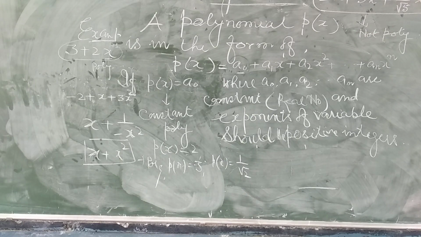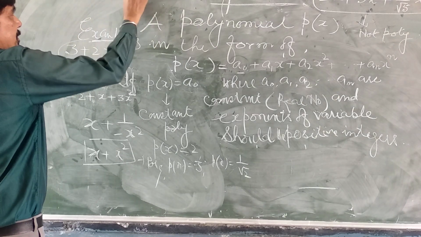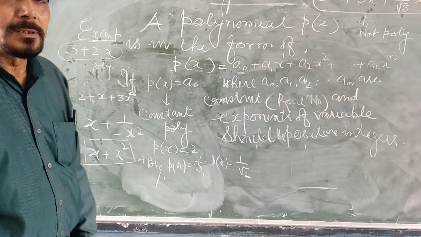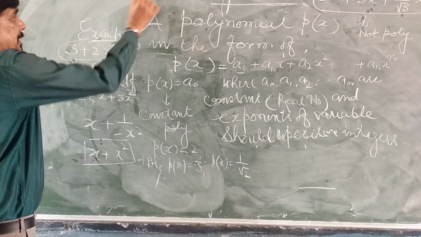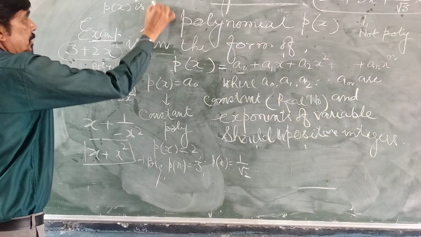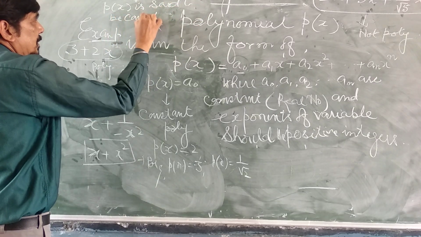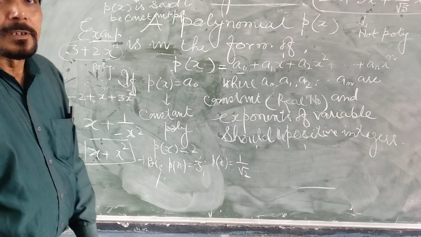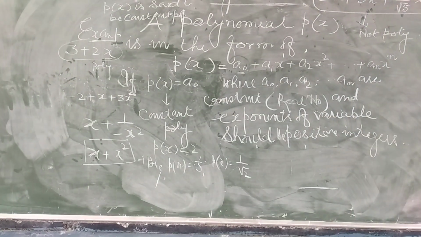Now, second, if a polynomial has only one term which is a real number, then the polynomial is said to be a constant polynomial. Every real number is a constant polynomial.